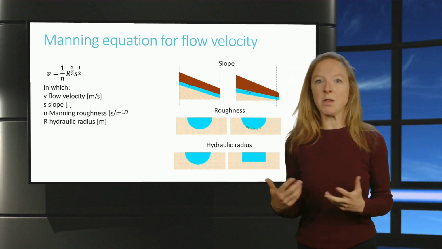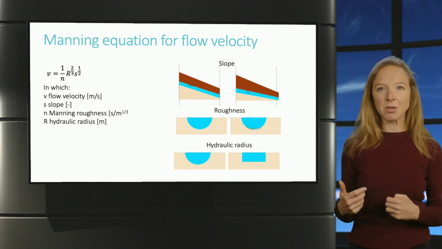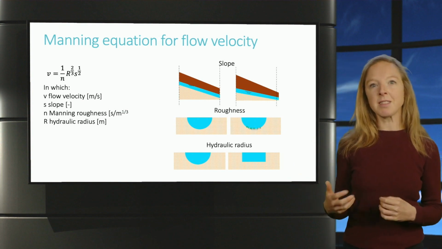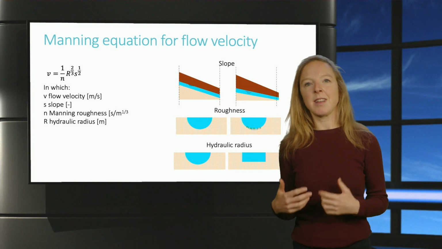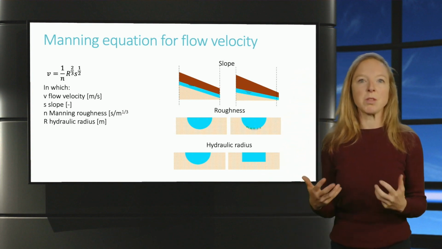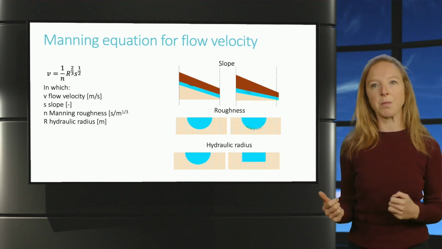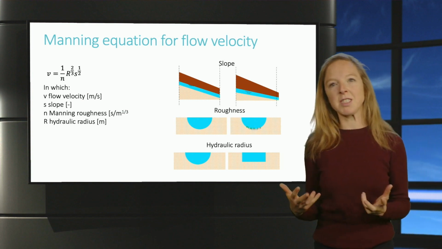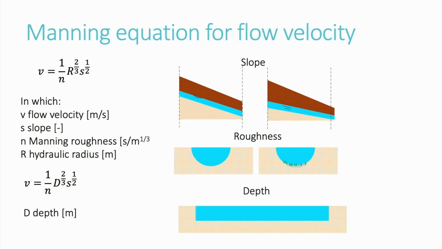The roughness, for example, bed vegetation, slows down the flow. And last, the hydraulic radius. The hydraulic radius is basically a measure for how close a water course is to a smooth, half-round pipe, the most efficient shape to convey water. For the wide rivers considered in this MOOC, you may take river depth as a proxy for hydraulic radius.